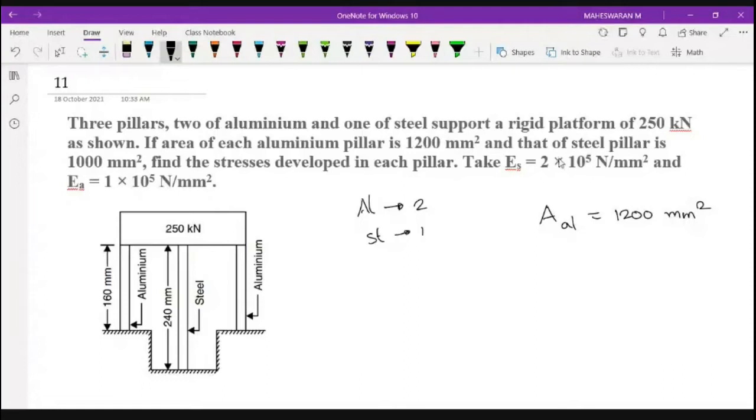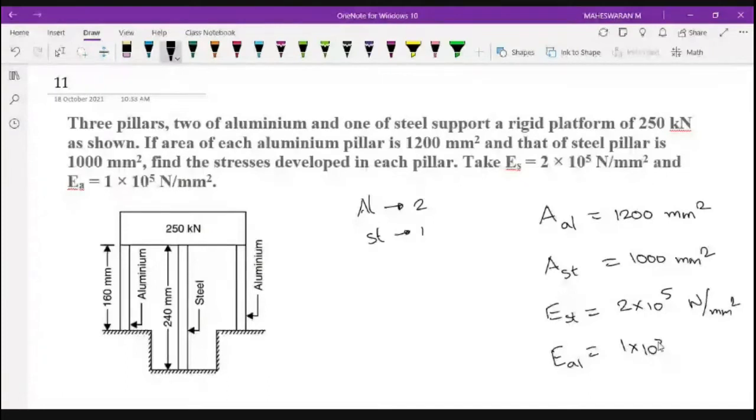Next, area for steel is also given: 1000 mm square. They also mentioned the Young's modulus. Young's modulus for steel is 2 into 10 power 5 Newton per mm square, and Young's modulus for aluminum is 1 into 10 power 5 Newton per mm square.